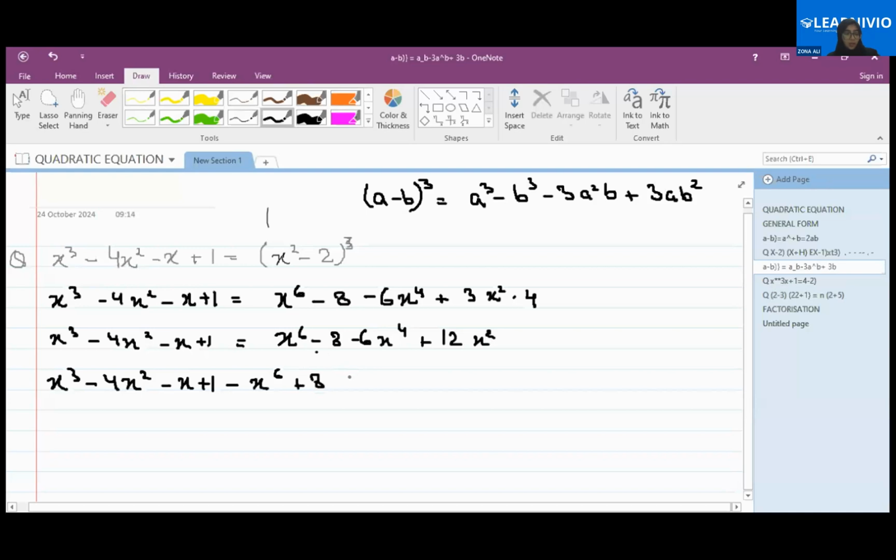And what else do I have to write here? Plus 6x to the power 4 minus 12x square equals 0.